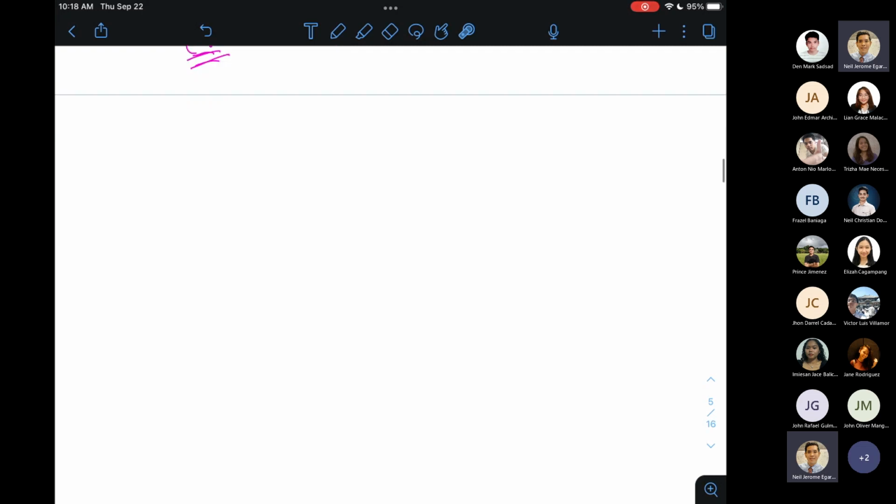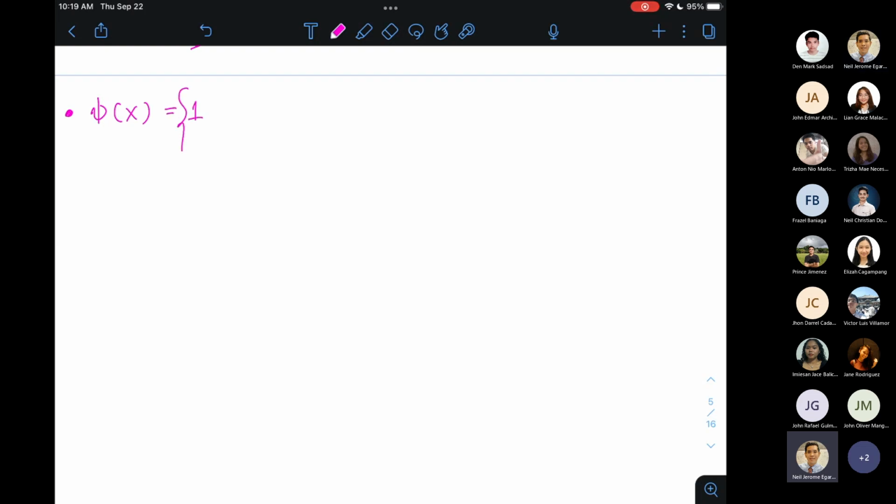So let's see a specific example, an easy one first. Say, what is the effect if psi is a constant function? What happens to the signal that we see? For example number 1, psi of x is the constant function 1.